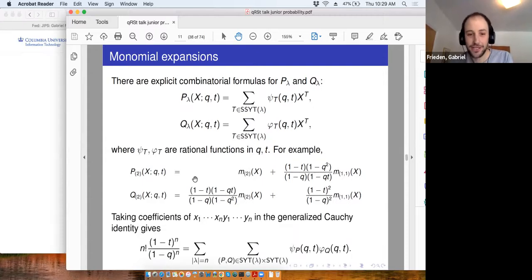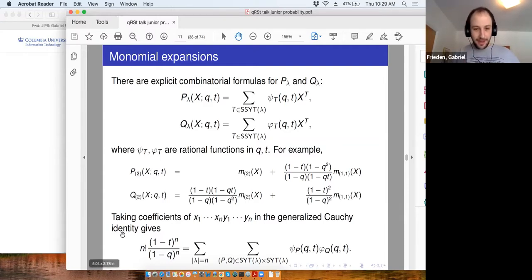Okay, so now if you look at that generalized Cauchy identity and do the same thing we did before, which is take the coefficient of this particular monomial, then on the right-hand side, we get the sum over standard tableau again. But in the Schur case, we just had a weight of 1 for each pair of tableau, and now we have this more complicated rational function weight.